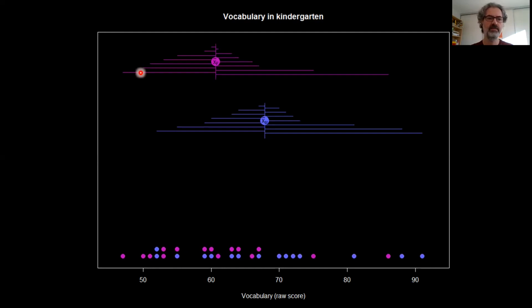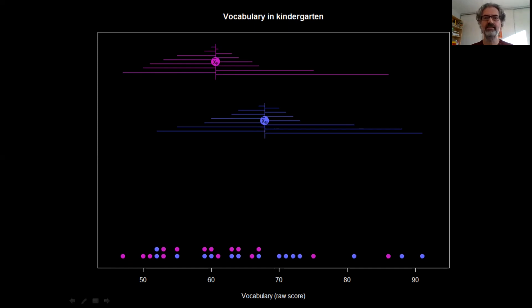These are the deviation lines. So for this data point now, the deviation line is this one. For this data point, it's this one. For this data point, which is a boy's point, it is this one, and so on.